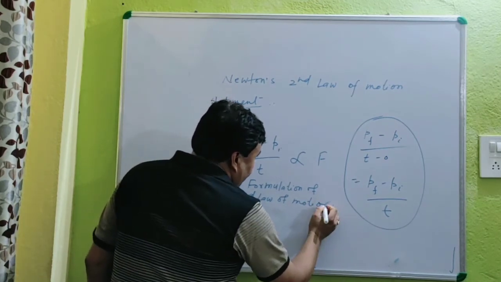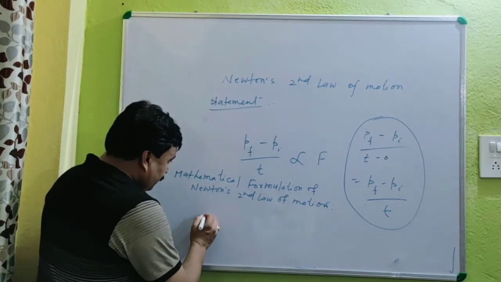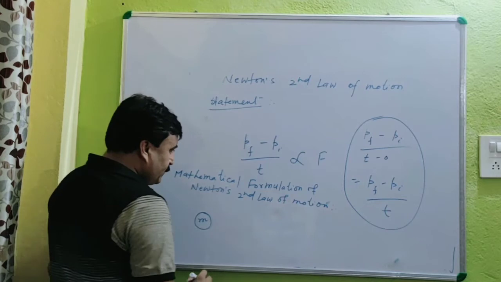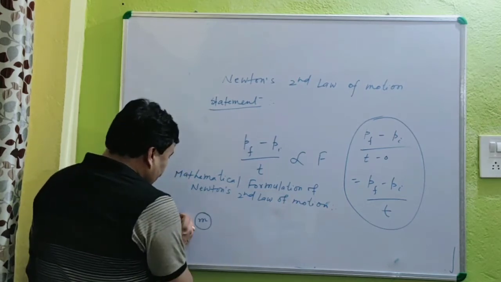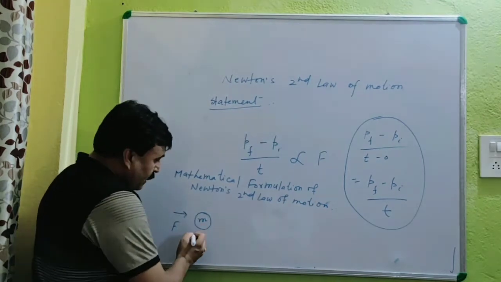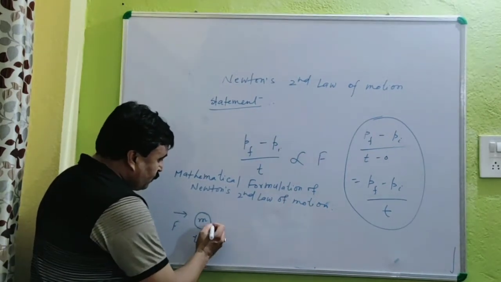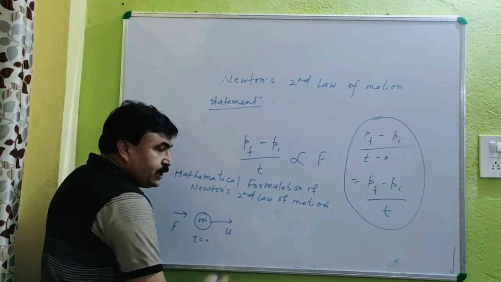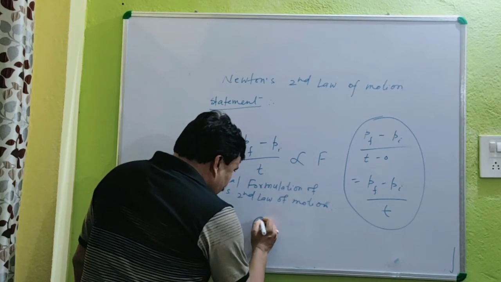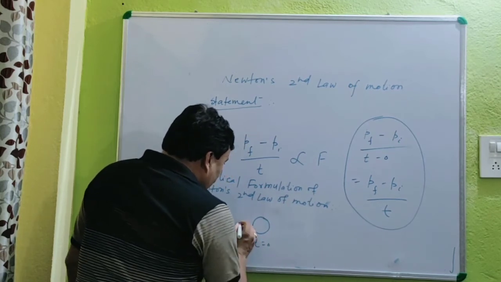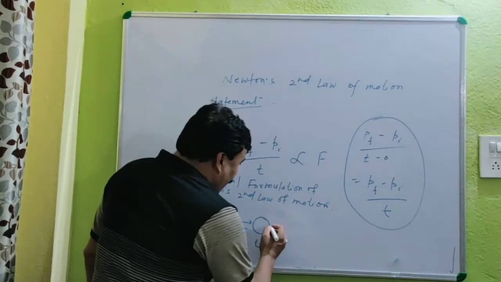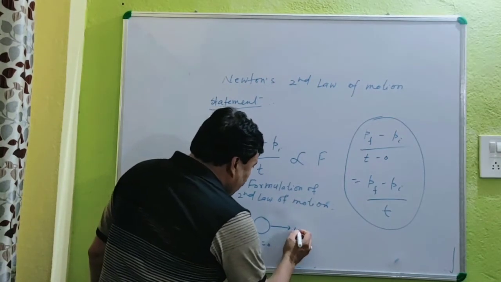Okay, friends, suppose a body of mass m has a constant force F acting on it, and at t equal to 0 the velocity of the body is u, and after time t equal to t, with the same force applied on the body, the velocity of the body is v.